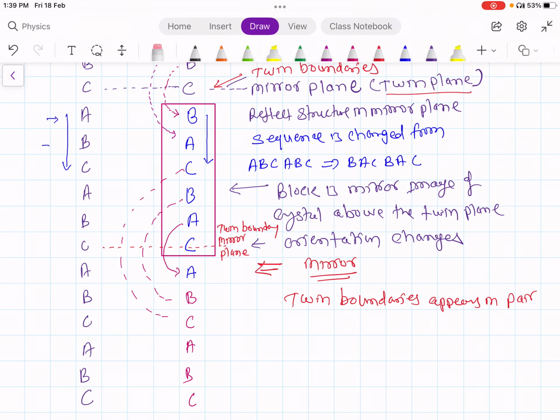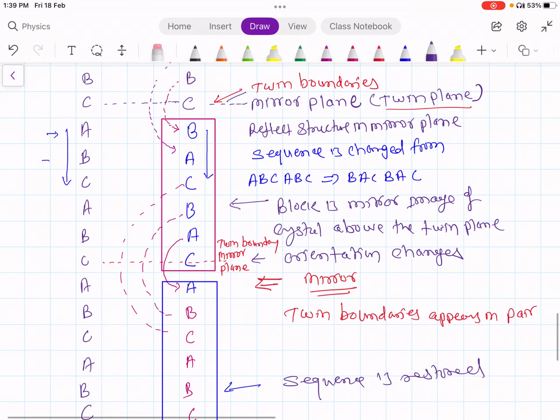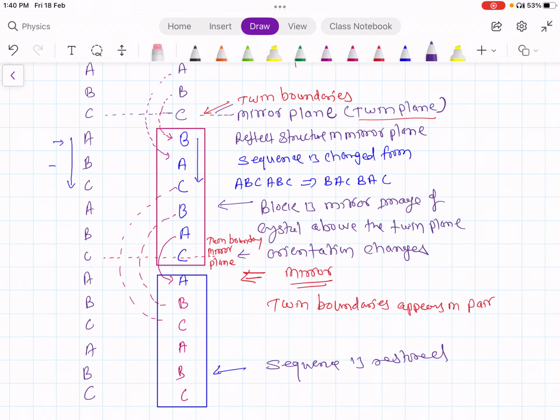In this block, the sequence is restored. So in this case, two twin boundaries are there.